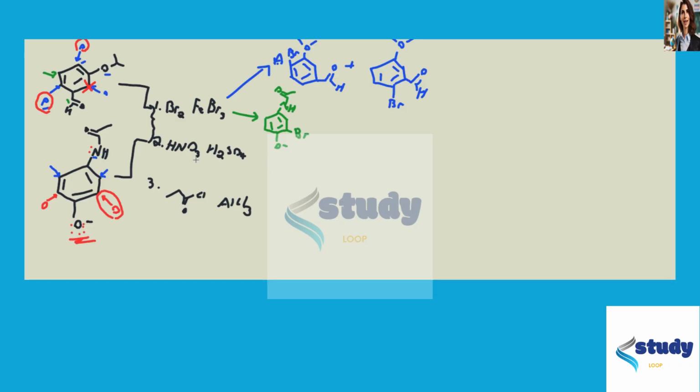Now we have nitric acid and sulfuric acid. So we know that we're going to add a nitro group to either A or B. Once again, because we already identified the positions that our reagent is going to add on, the rest is easy. All we need to do is just fill those in at the appropriate position. So for A, we'll have 2 isomers once again.